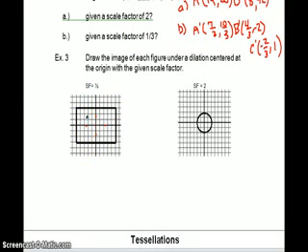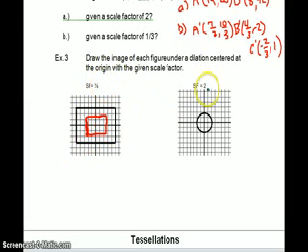Okay, then we're going to try to draw a straight line here. And yours should come through the middle of those blocks. Like so. Okay. Now, that would be our scale factor of 1/2. Again, the new figure is smaller than the old figure, so it's a fraction like that.